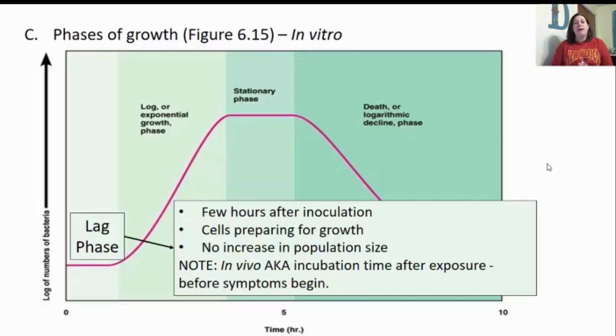The cells are preparing for their growth, making sure that they can replicate their DNA, and they start that process. There's no increase in the population size during this. In vivo, like inside of a host, this is also known as the incubation period, or the time after exposure. This is before symptoms will begin. A lot of times we'd say the person is asymptomatic at this point.